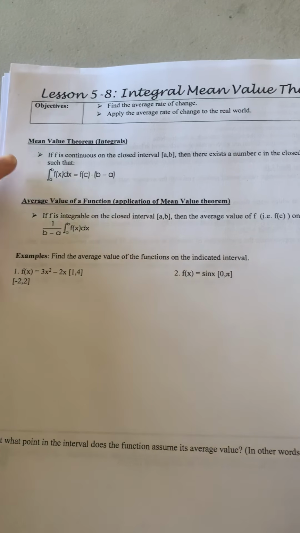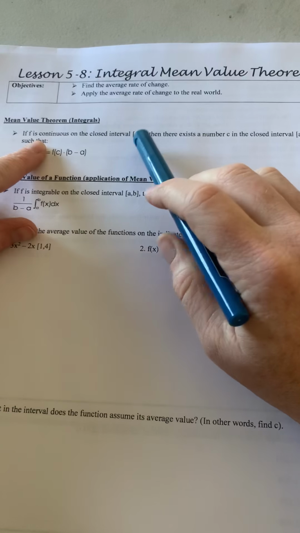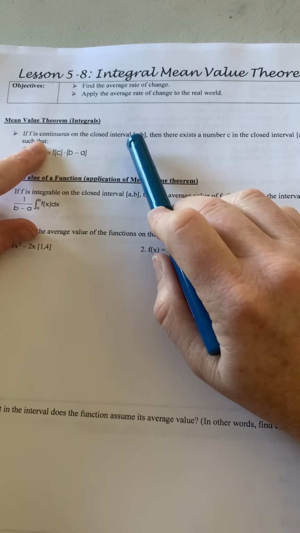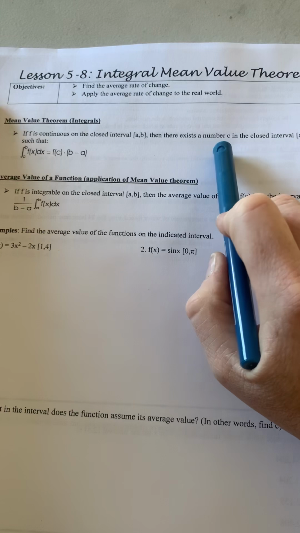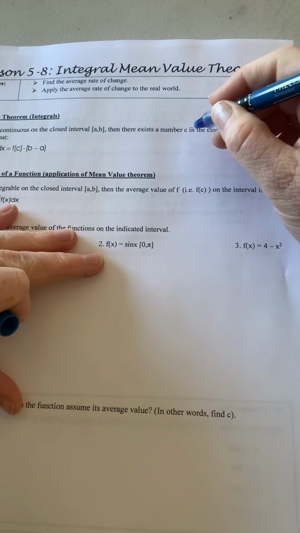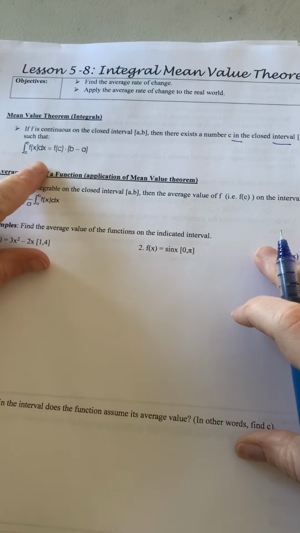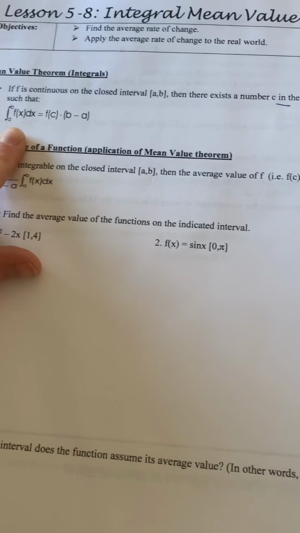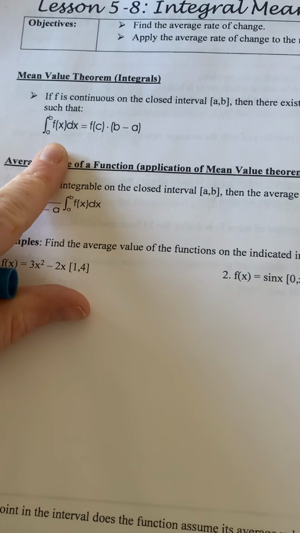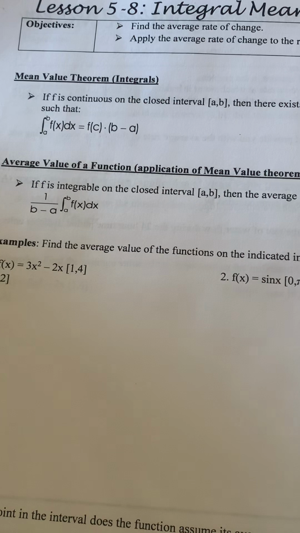Okay, so the mean value theorem states that if f is continuous on the closed interval from a to b, then there exists a number c in the closed interval, such that the integral from a to b of f of x dx equals f of c times b minus a.